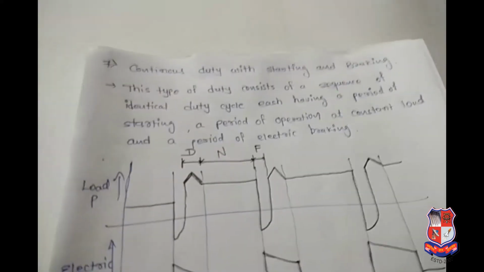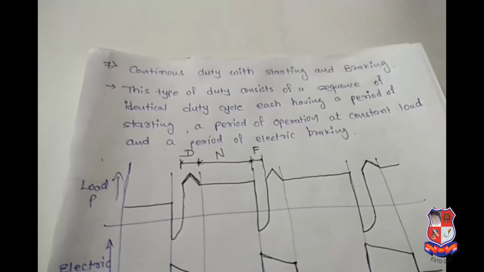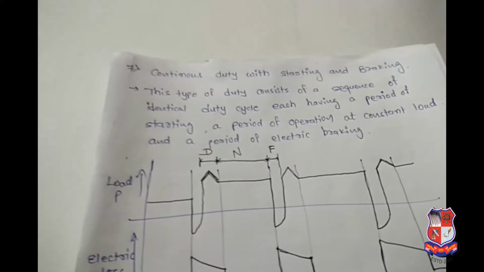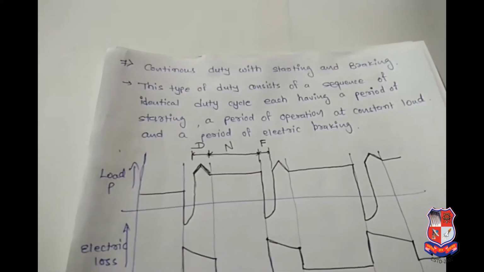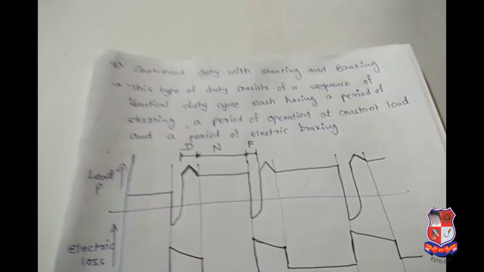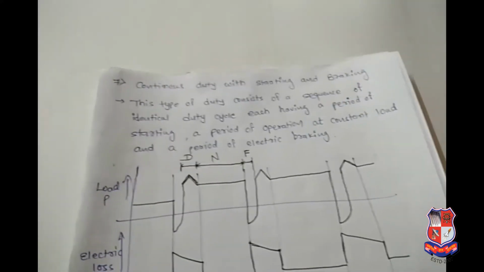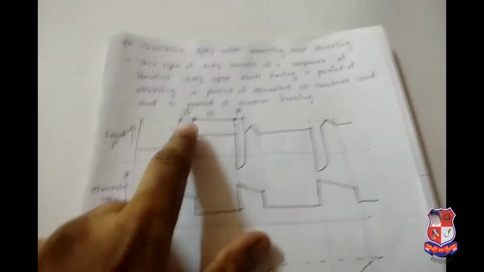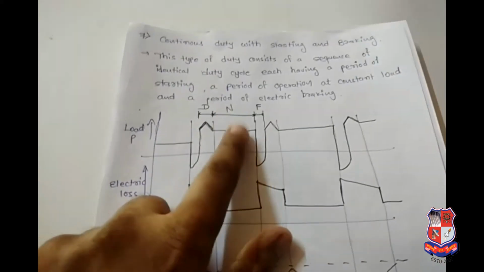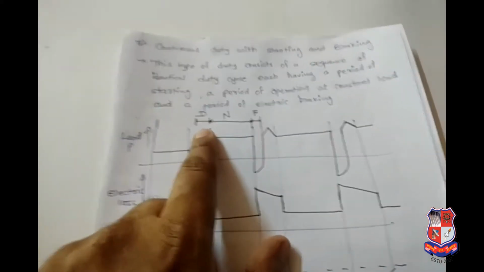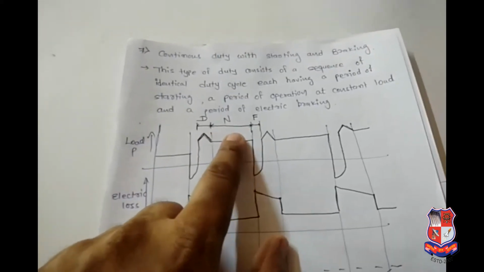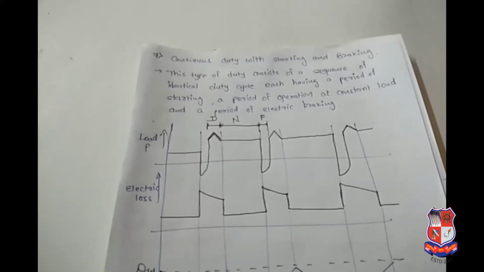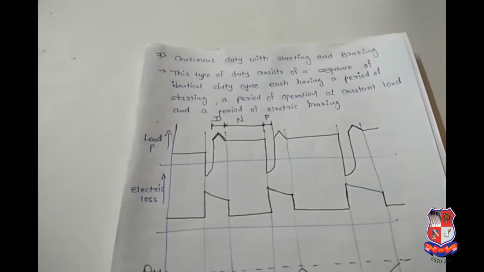This type of duty consists of a sequence of identical duty cycles, each having a period of starting, a period of operation at constant load, and a period of electrical braking. As shown in the figure, here D, here N, and here F. D is the starting period, N is operation under normal condition, and F is the braking period, either mechanical braking or electrical braking.